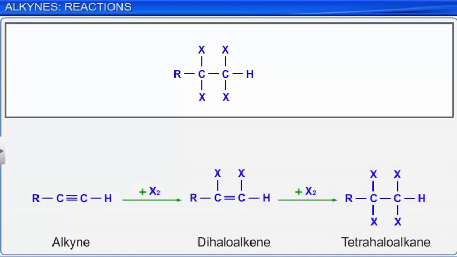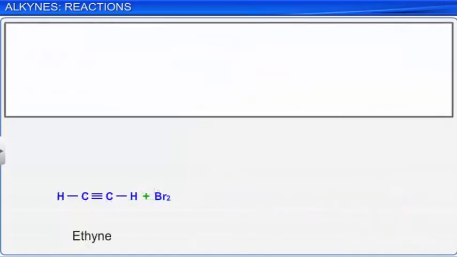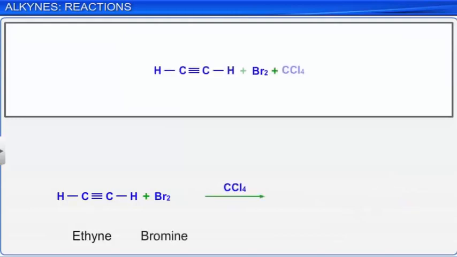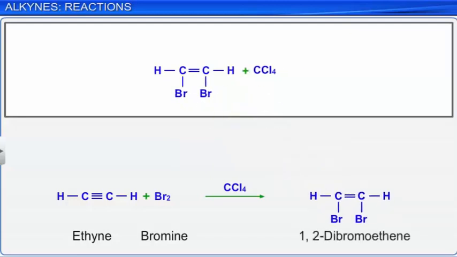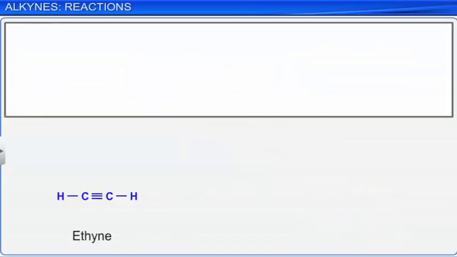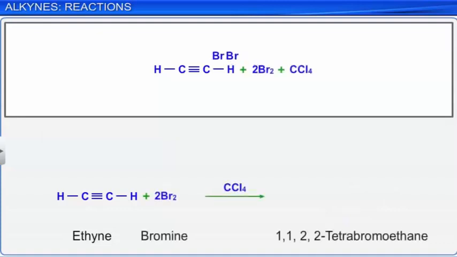For example, when ethyne reacts with one molecule of bromine, it forms 1,2-dibromoethene. And when it reacts with two molecules of bromine, 1,1,2,2-tetrabromoethane is formed.